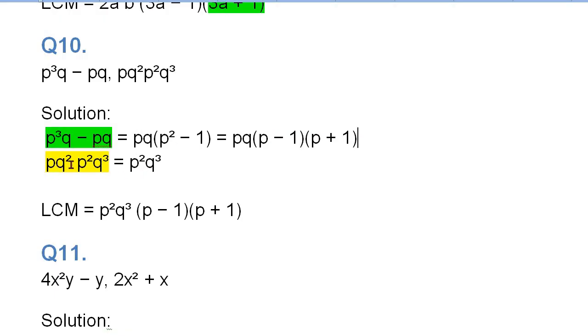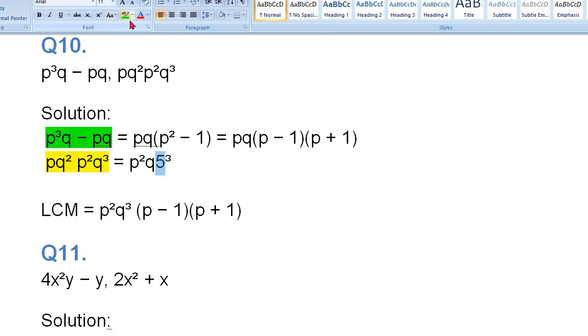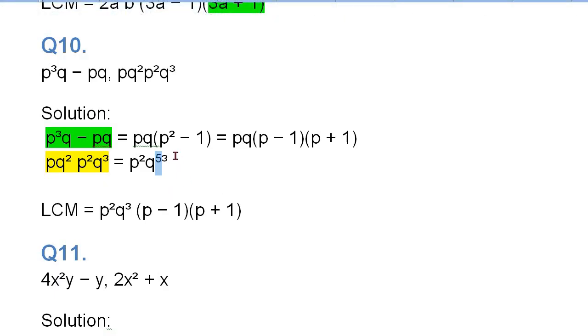Now in this they are all in multiplication. If they are in multiplication, you can see that it is p square and q square. Multiply it: p cube and q square, and the powers give p to the power 3 and q to the power 5.